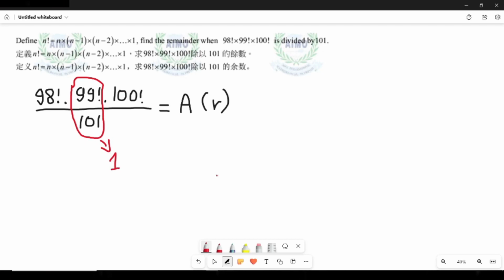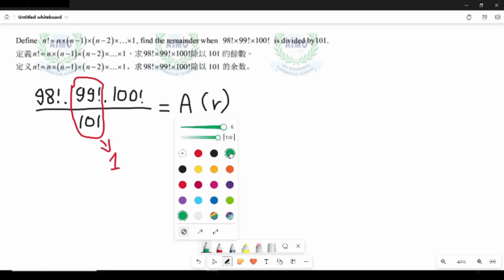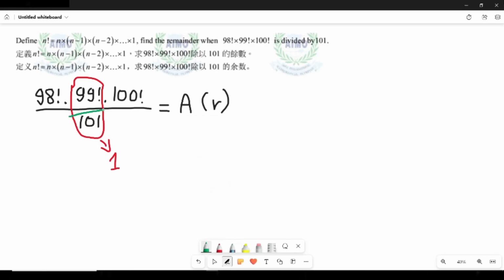And when we apply Wilson's theorem, 100 factorial divided by 101 gives us minus 1 remainder, which is basically the prime number minus 1, which is 100. So we get 100 as the remainder, because as you know, we can't have a bigger remainder than the divisor.